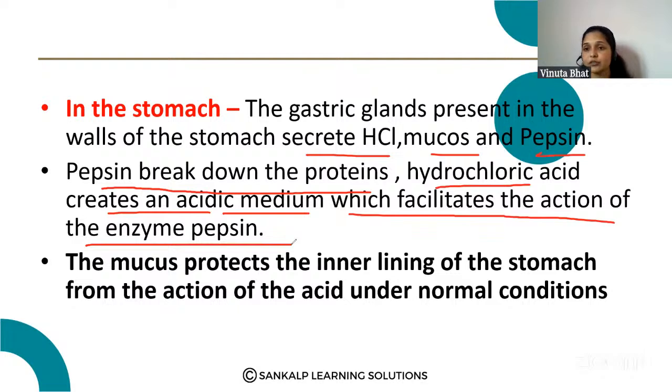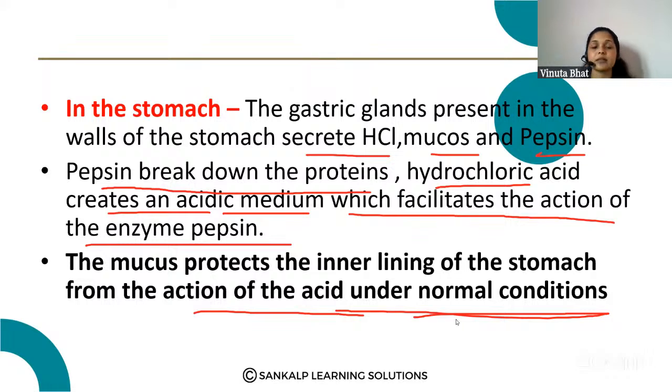What is the function of the hydrochloric acid? It provides the acidic medium to break down the protein. The pepsin breaks down the protein in the presence of the acidic medium only, that is created by the HCl. And the mucus protects the inner lining of the stomach from the action of the acid under normal conditions. It protects the walls of the stomach from the digestion that happens in the stomach.